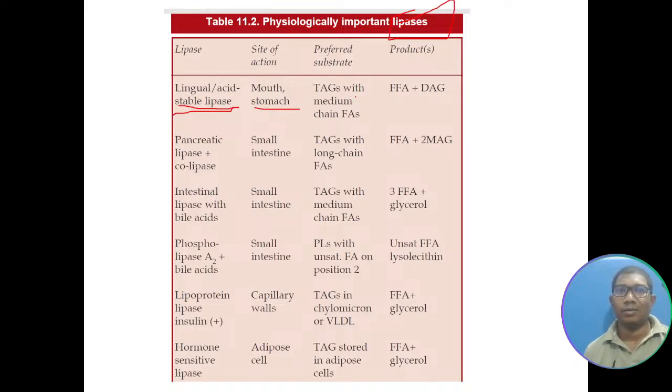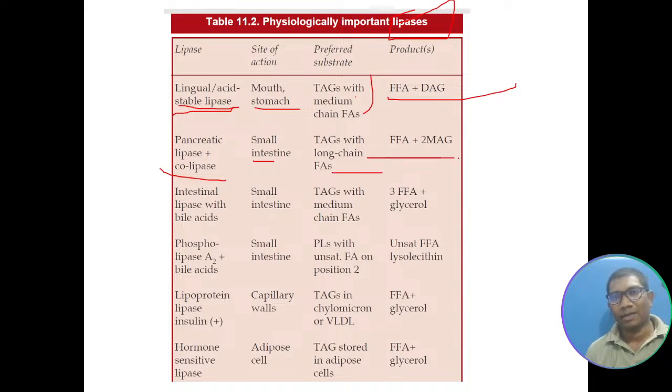Triglycerides with medium chain fatty acids are broken down, converted into free fatty acid and diacylglycerol. So pancreas में जो lipase है, pancreatic lipase and colipase, present in the small intestine, act at the small intestine, convert triglyceride and long chain fatty acid into free fatty acid and 2-monoacylglycerol.